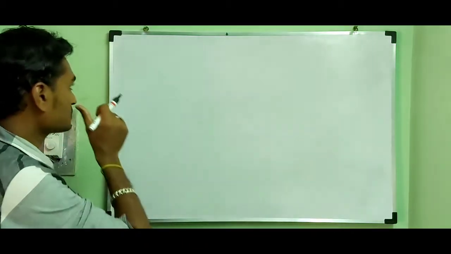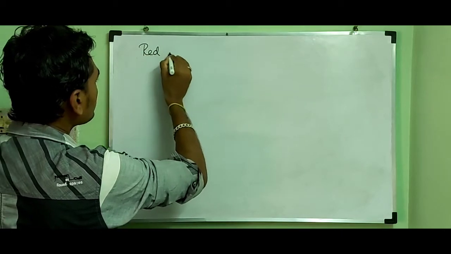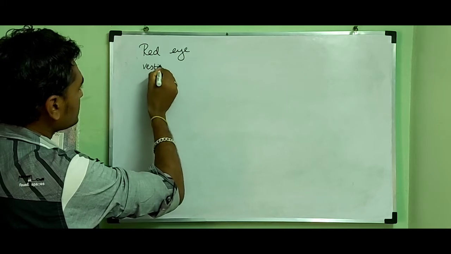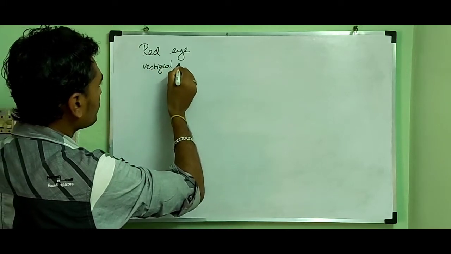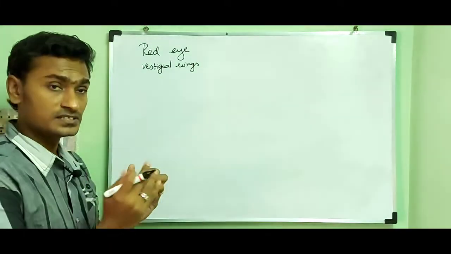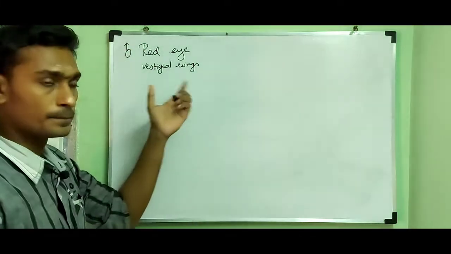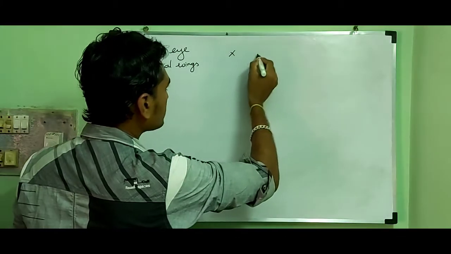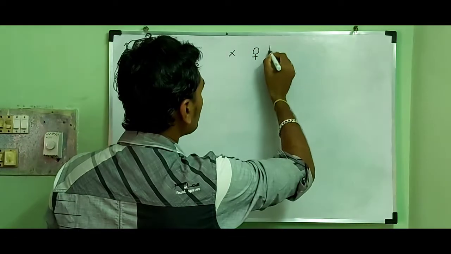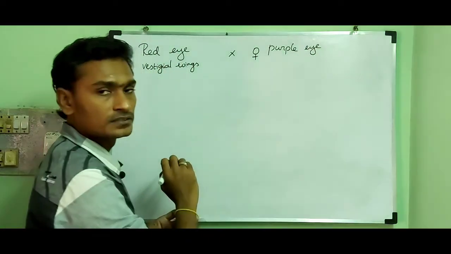The first parent having the phenotype red eye with vestigial wings is male, crossed with a female having the phenotype purple eye with long wings.